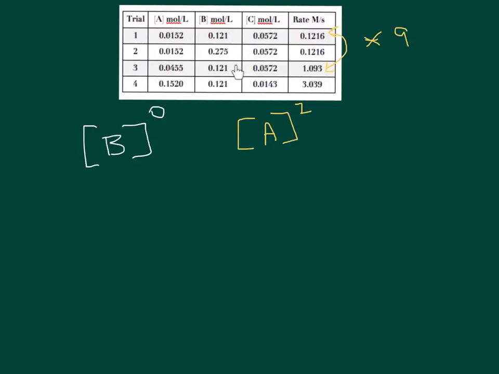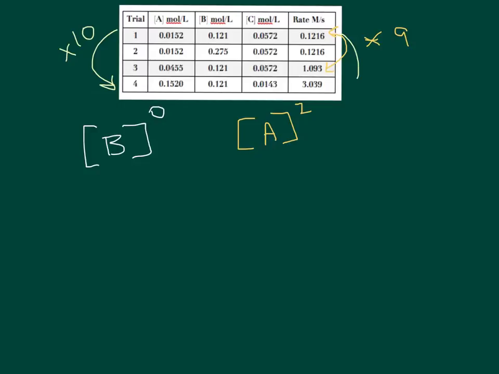Well, B doesn't matter at all, but in trial 1 and trial 4, B has remained constant, C has changed, but A has also changed. However, between trials 1 and 4, the concentration of A has increased by a factor of 10.